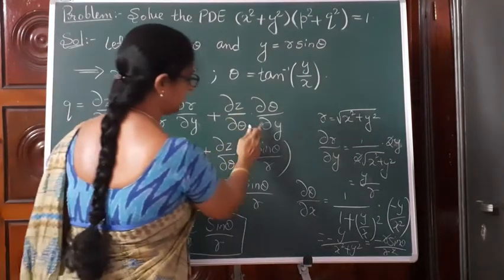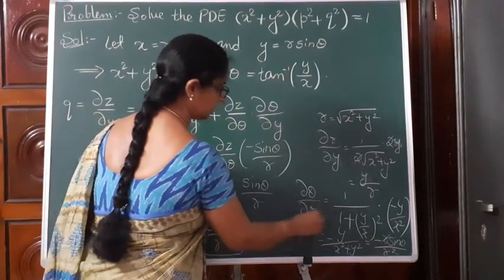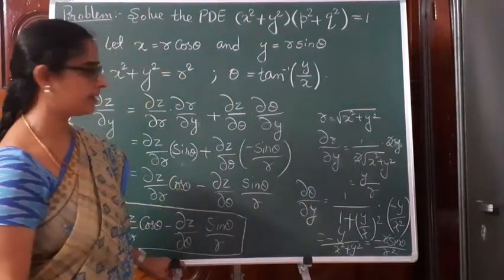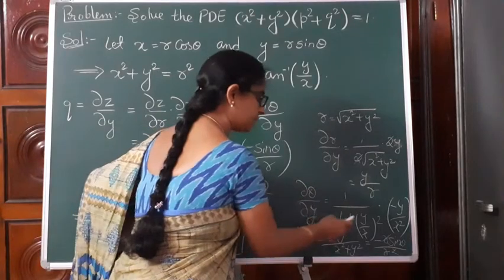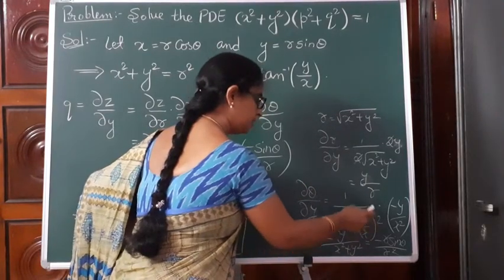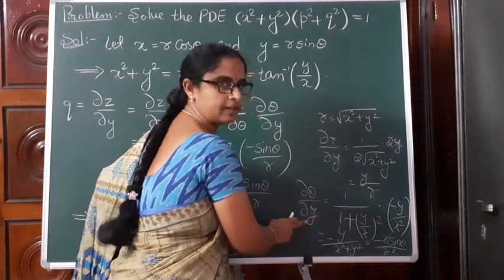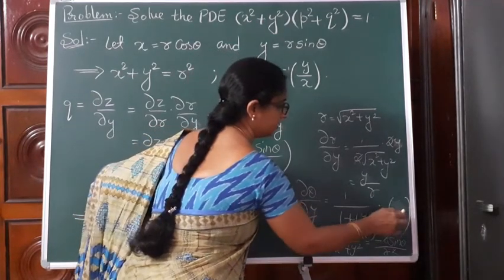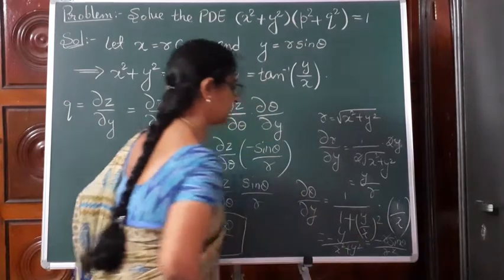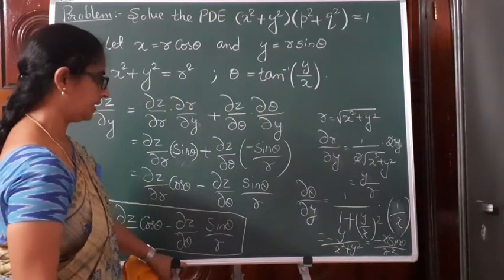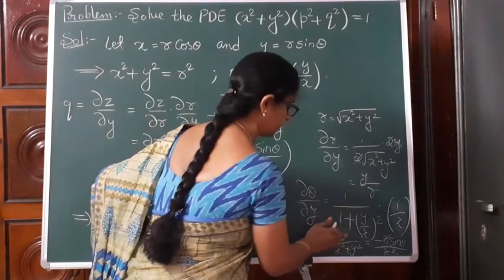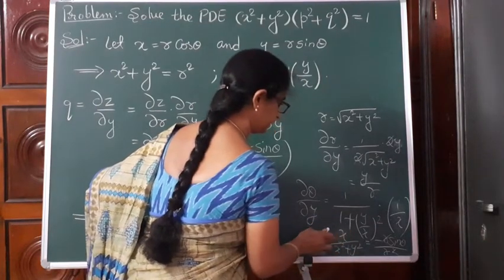Similarly, ∂θ/∂y: theta is tan inverse y by x. The derivative of tan inverse y by x is 1 by 1 plus (y by x) whole square into the derivative of y by x with respect to y. The derivative of y is 1, and 1 by x is constant. So we get here 1 by x. Now, if we take the LCM, we get x by x square plus y square.